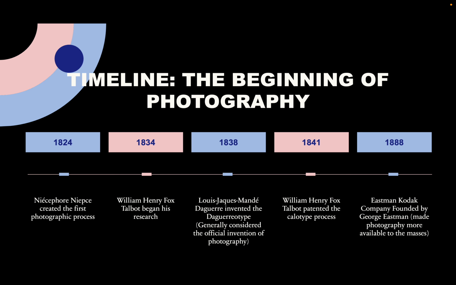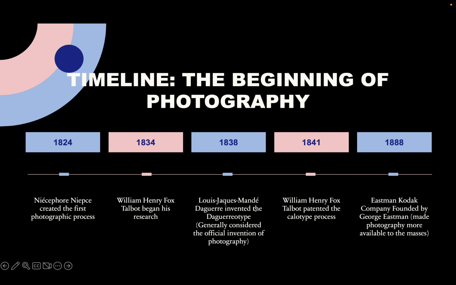Talbot wanted to create a photographic process because he was really bad at drawing, and he couldn't stand it. So he wanted a way to capture images of things that he saw without having to draw them. That is solely why he did his research. He actually figured photography out, but never presented it or patented it. He just kept it for himself.